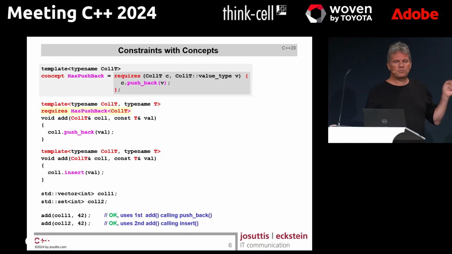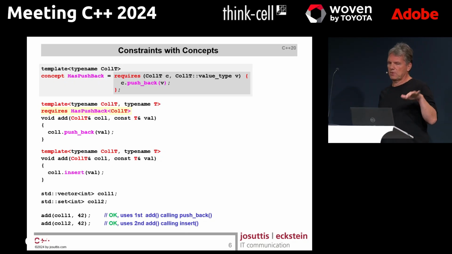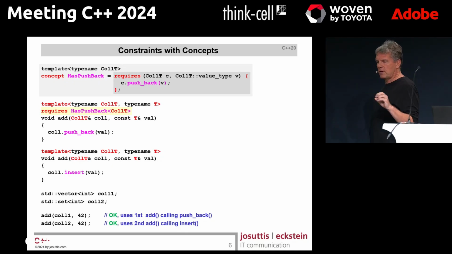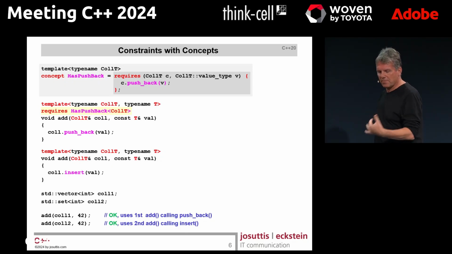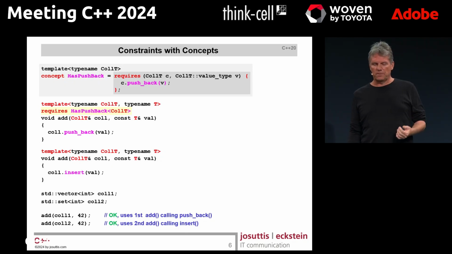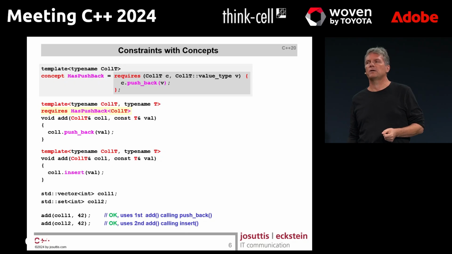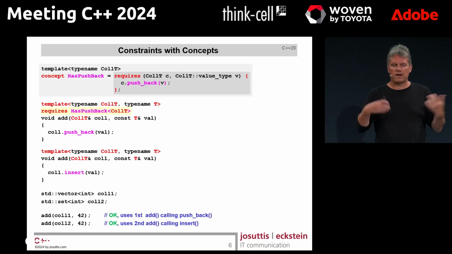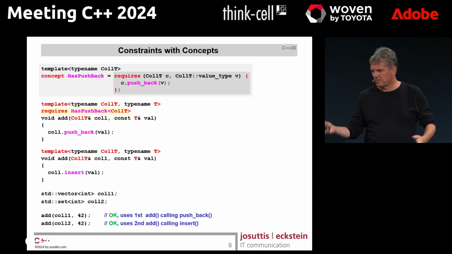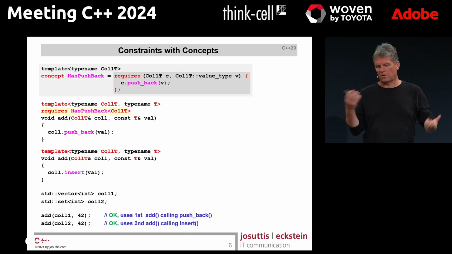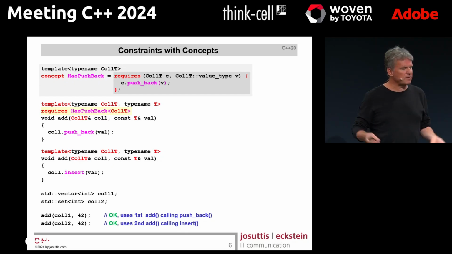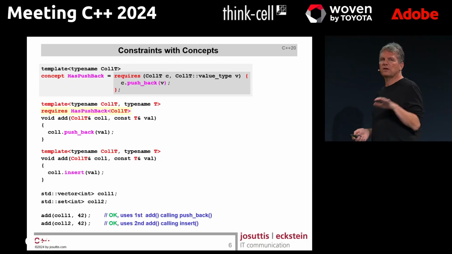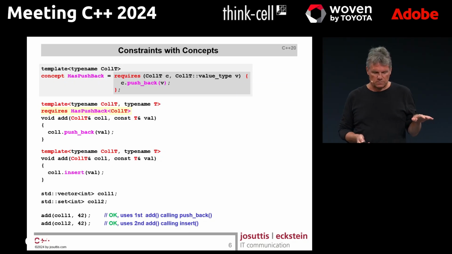Assume I have an object c of type Coll T, and assume I have an object v of the value type of Coll T, is then the call of push_back with v into c valid or not? You could do that before using declval to say, assume I have an object, and using static_asserts and a couple of other things, and SFINAE and so on, but it looked tremendously ugly. So this is very clear, readable code.